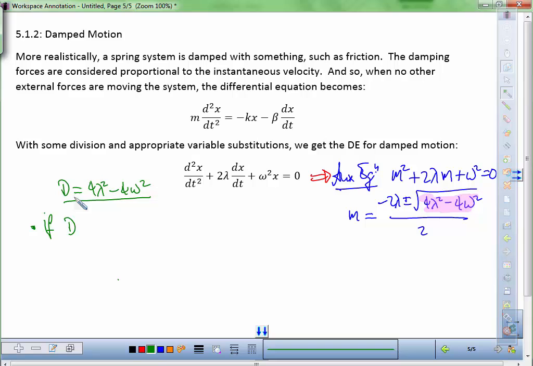So if D was bigger than 0, and we got 2 real roots, and if we have 2 real roots, what would our solution look like? Thinking ahead, how is the solution going to look?